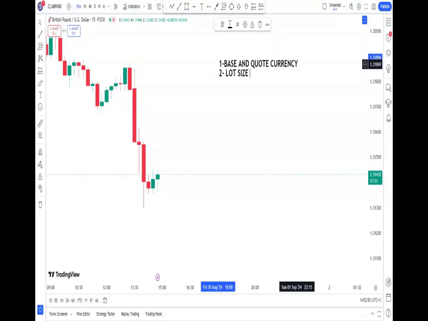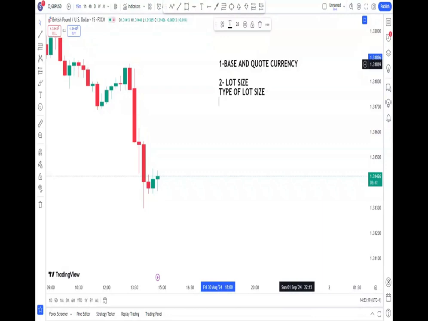So there are types of lot size that traders use in this market. Types of lot size.